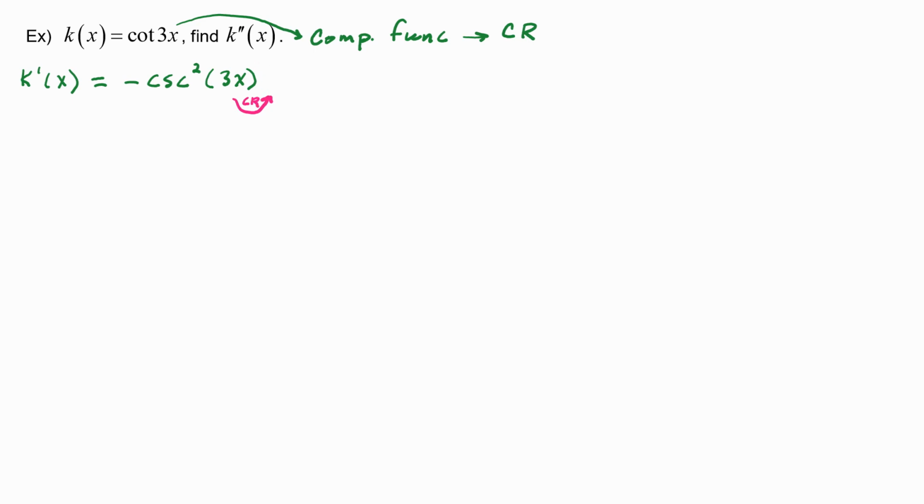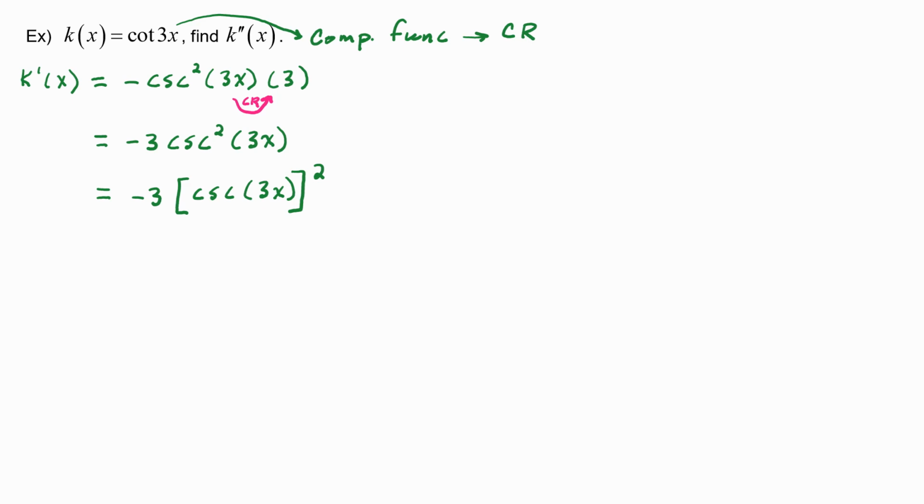And the derivative of 3x is 3. So k prime of x is negative 3 cosecant squared of 3x. Now remember that having the squared here is just shorthand for negative 3 times cosecant of 3x, that whole entire quantity being squared.